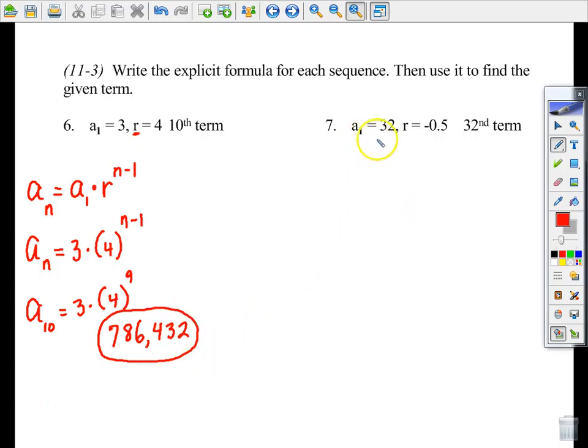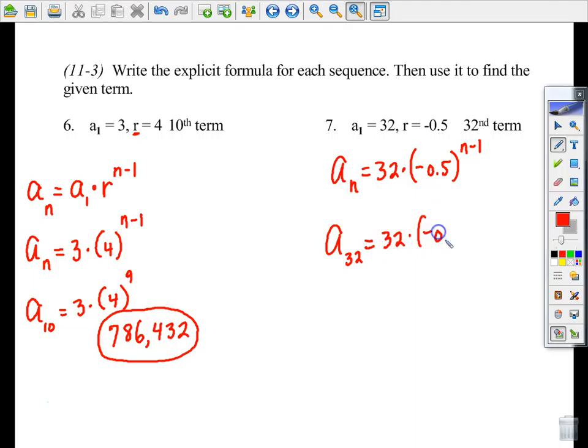All right, so very similar problem over here. The explicit formula: find any nth term of this sequence by taking the first term and multiplying times the ratio raised to the n minus 1 power. Using this to find the 32nd term means I'm going to let n become 32. And once again up here I'm going to let n become 32, which means my exponent becomes 31.